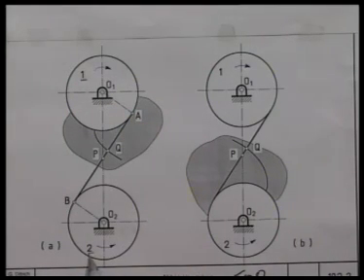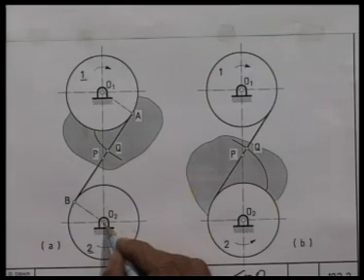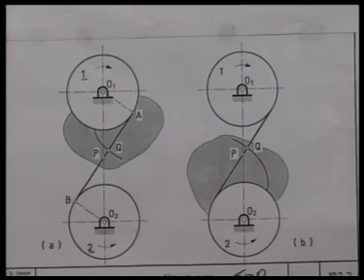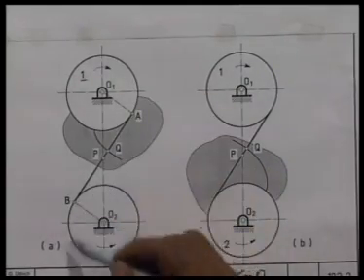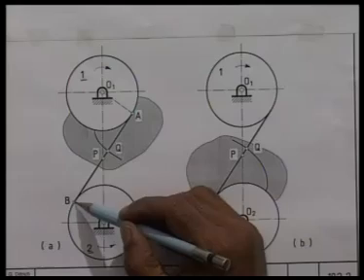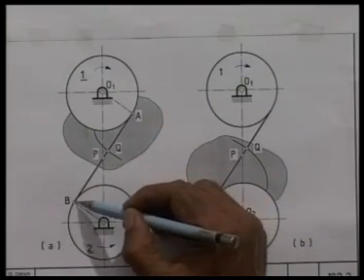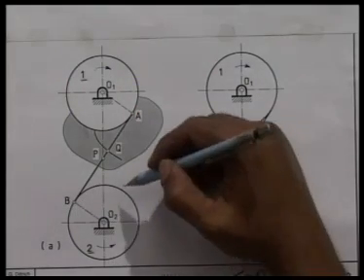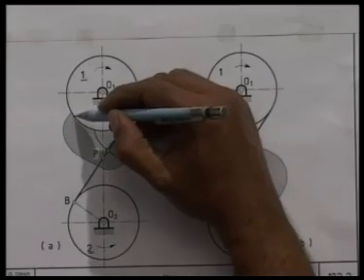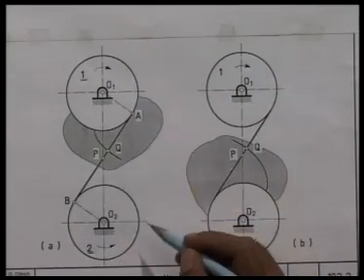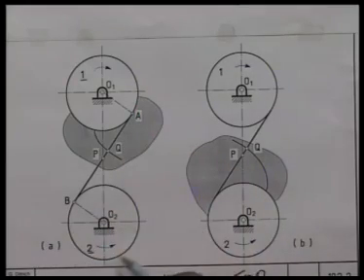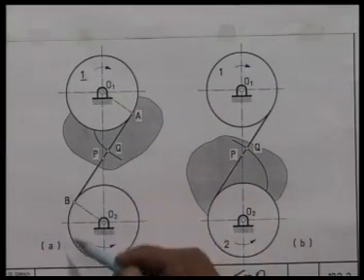Similarly, this is another pulley, pulley number 2, which can rotate about this axis at O2. This common tangent between these two circles representing a pair of pulleys represents the belt, one side of the cross belt. You can imagine another common tangent on this side, which will complete the cross belt. So, this is a cross belt overlapping this pair of pulleys.